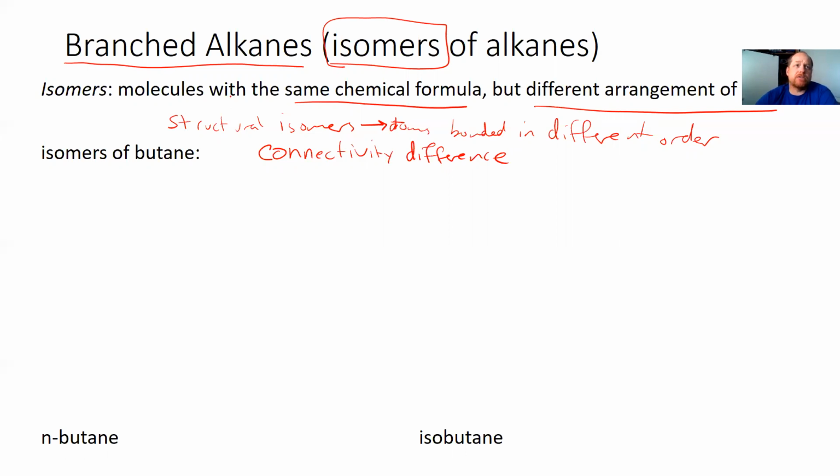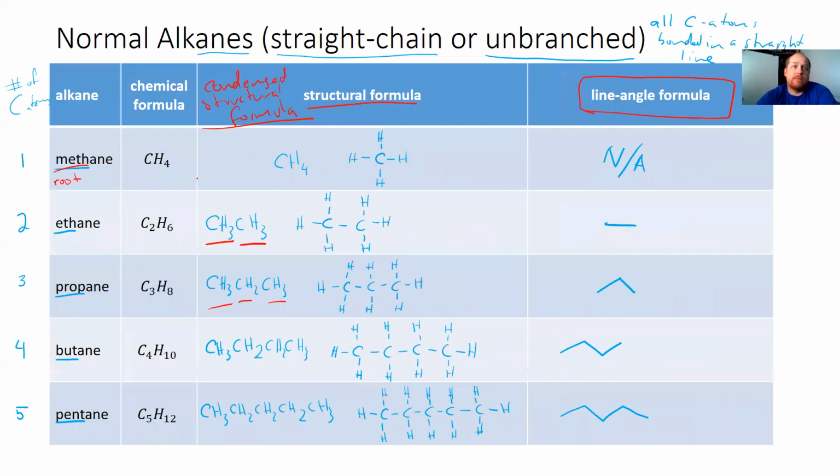When it comes to these structural isomers, what we could actually do to the name of those straight chain or unbranched alkanes is put an n in front of it. Now, methane, you don't need to do it, or ethane or propane. But once you get to butane, one of the ways we can specify that it's an unbranched isomer is to put an n in front of it.